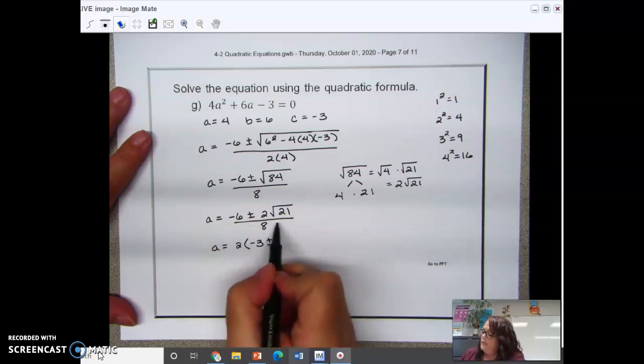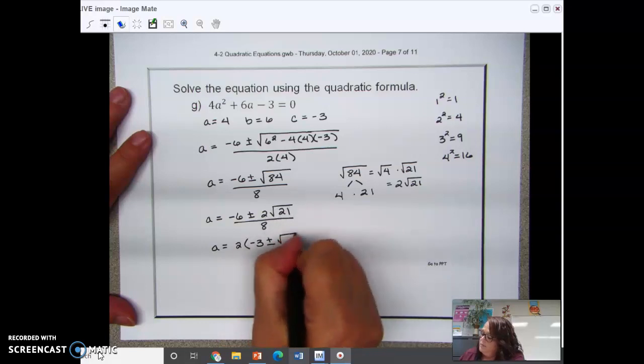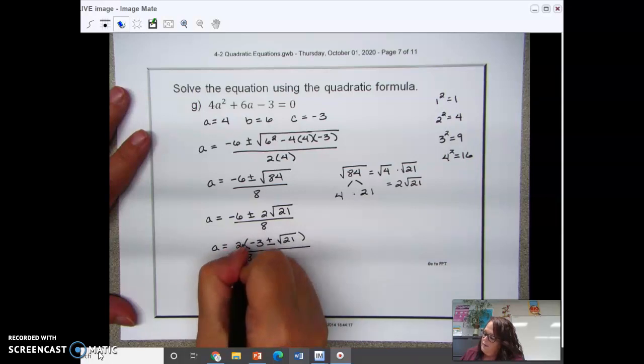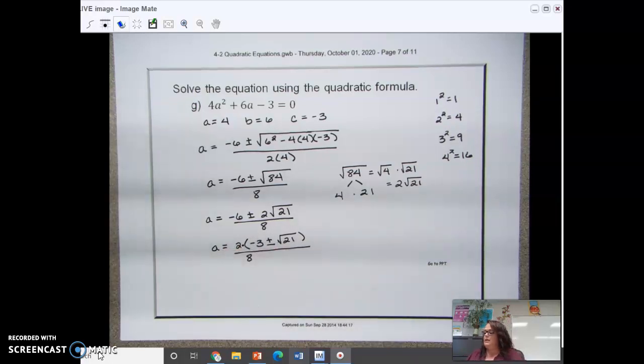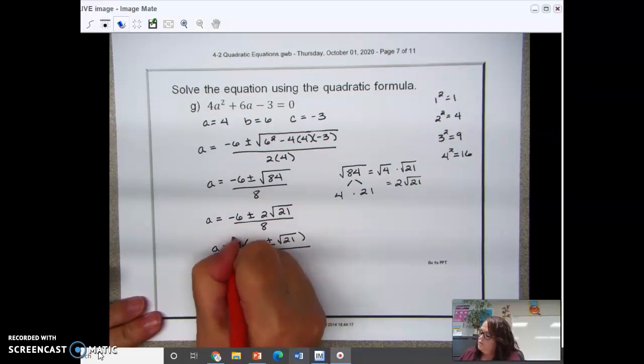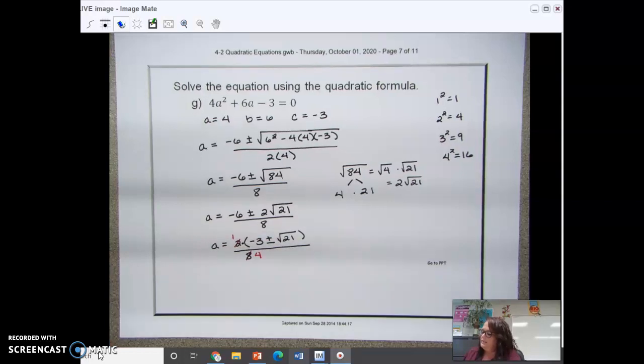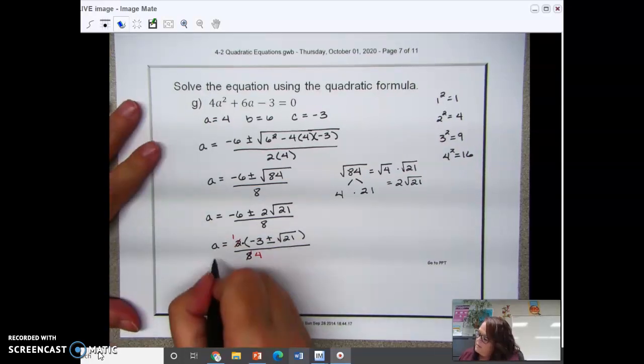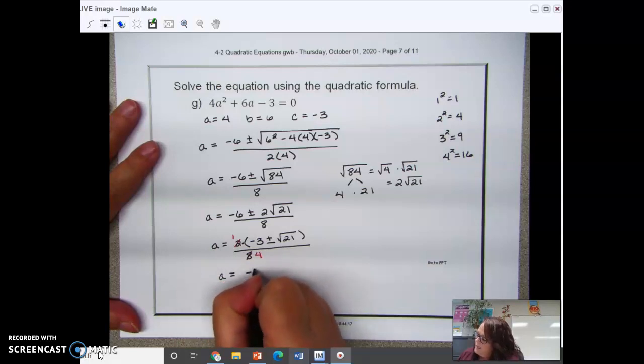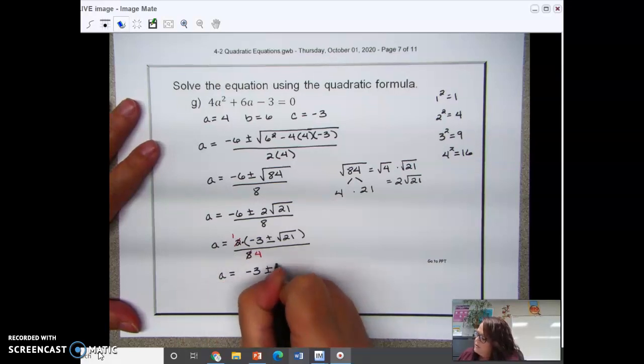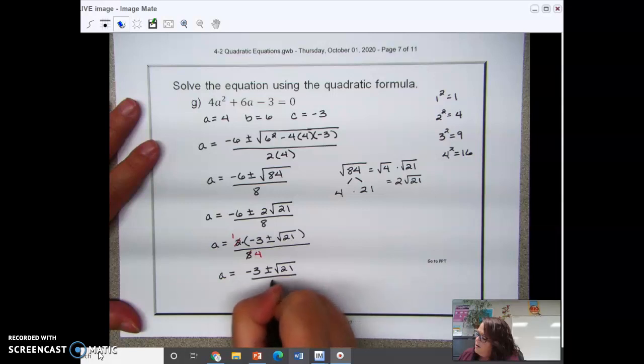And 2 times what gives me 2 root 21, and that would be the square root of 21. And that's all over 8. So now I have multiplication between that 2 and that parentheses. So I can say 2 goes into 2 once, and 2 goes into 8 4 times. And so we get x is equal to -3 plus or minus the square root of 21 all over 4.